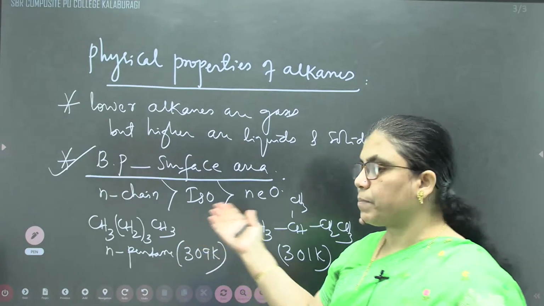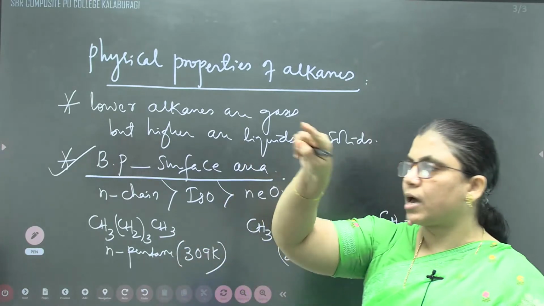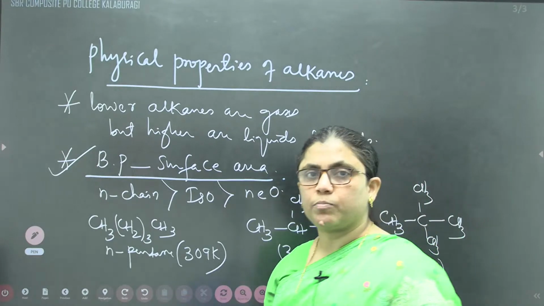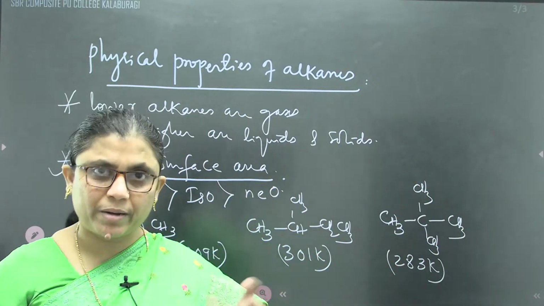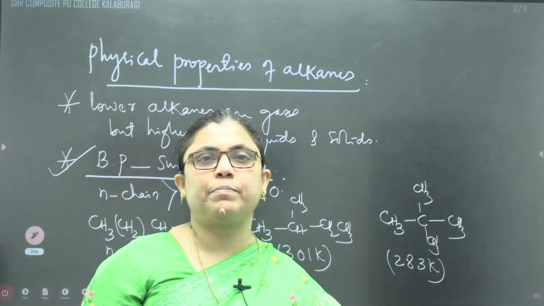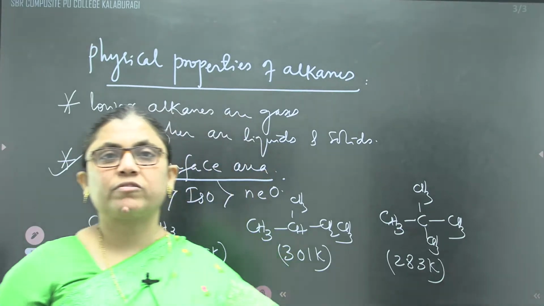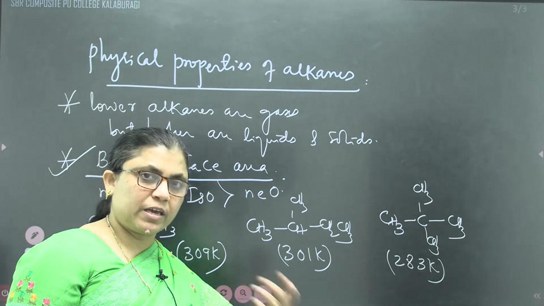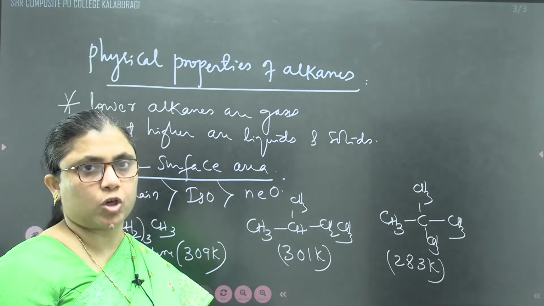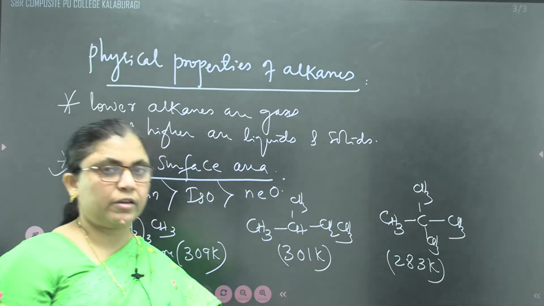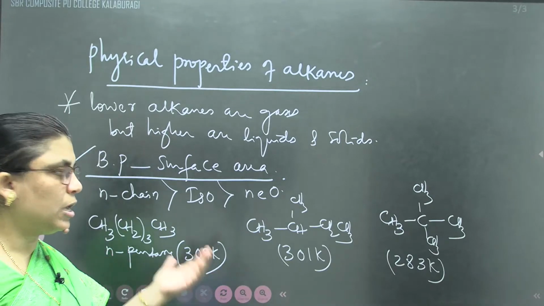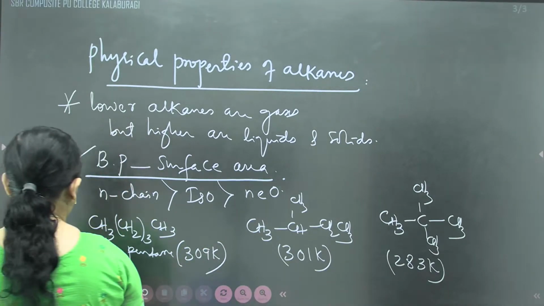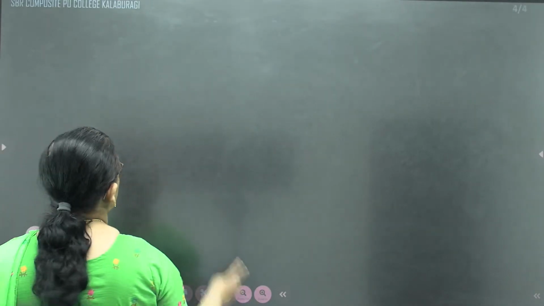Need not remember the values, but remember that where all the carbon atoms are arranged in an open chain, they have a high boiling point as compared to one branch, two branch, completely branched. It depends upon surface area, because surface area decides vapor pressure. That's why in yesterday's topic on purification, we also discussed boiling point. Let us move to the chemical properties.